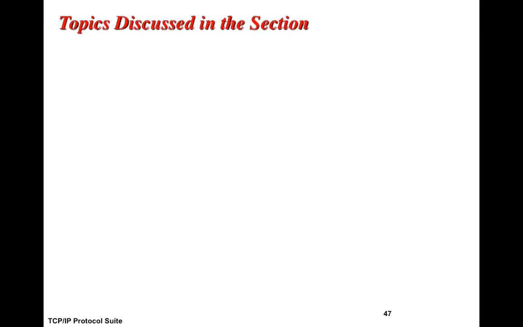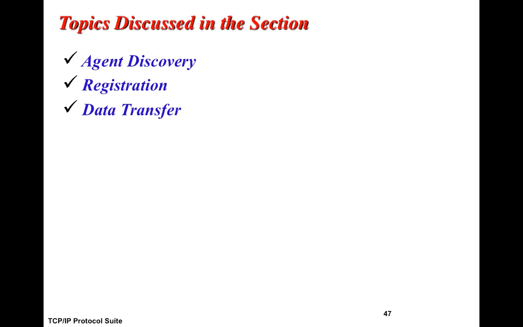So we have seen the three phases. Agent discovery, where the mobile discovers the agent. We saw there were two ways in here, through agent advertisement and through agent solicitation.